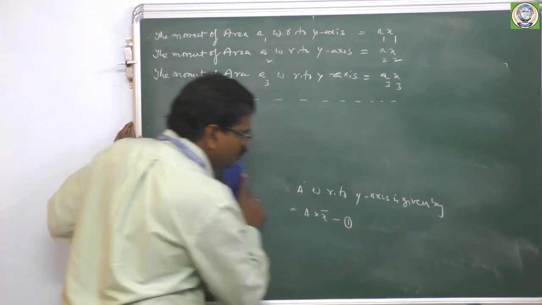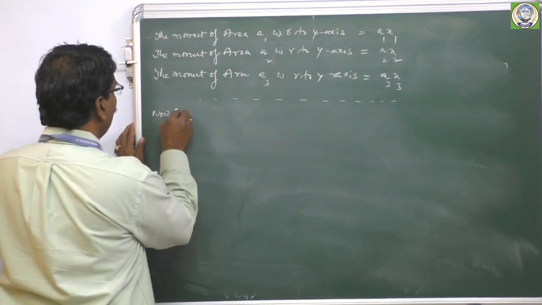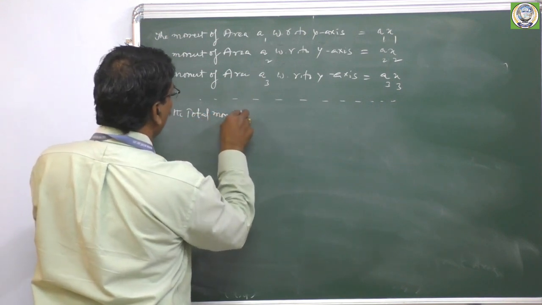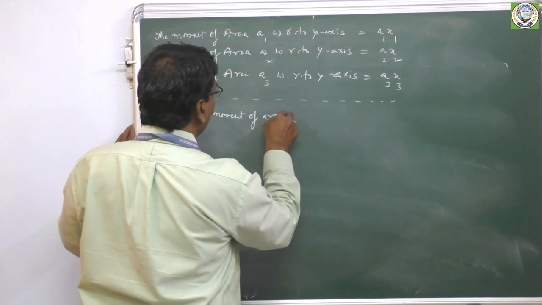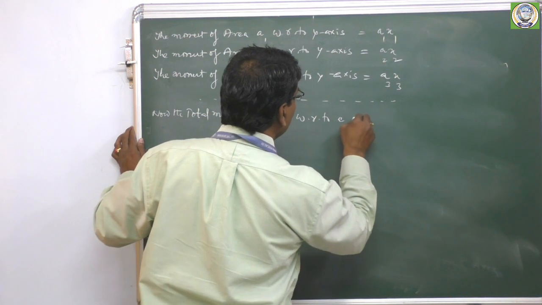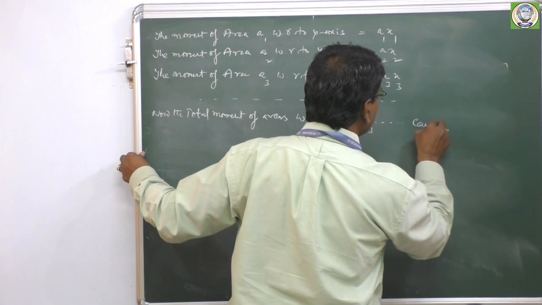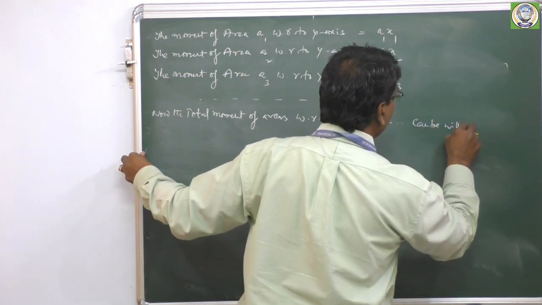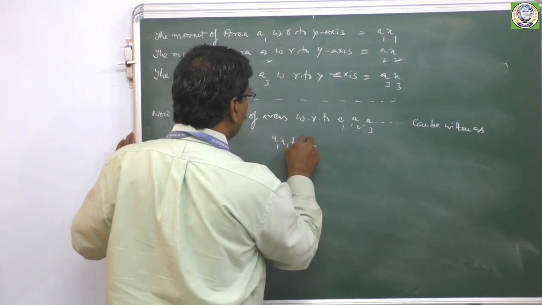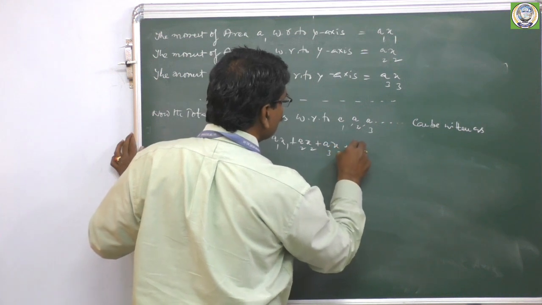Now the total moment of area with respect to A1, A2, A3, and so on can be written as A1 x1 plus A2 x2 plus A3 x3 plus so on.